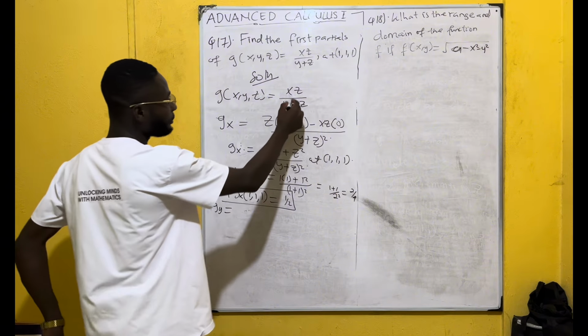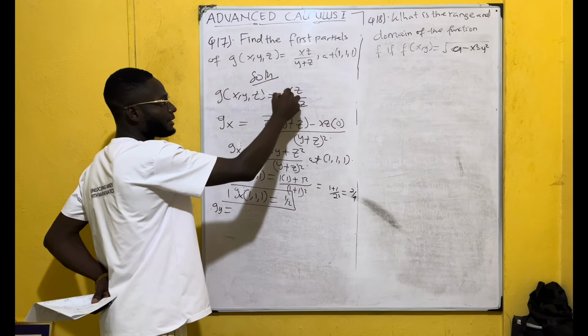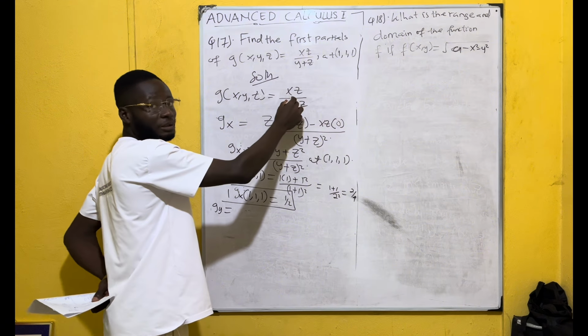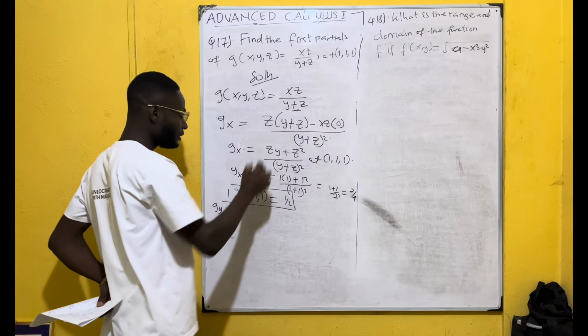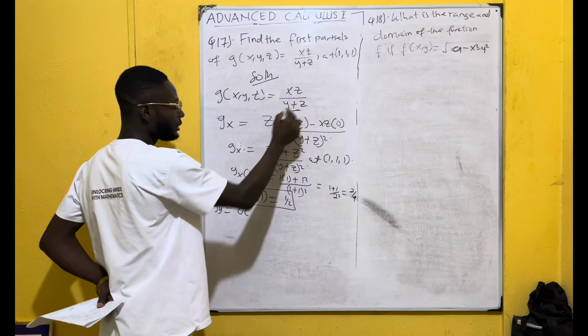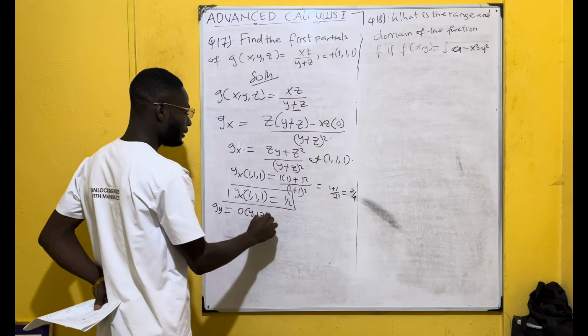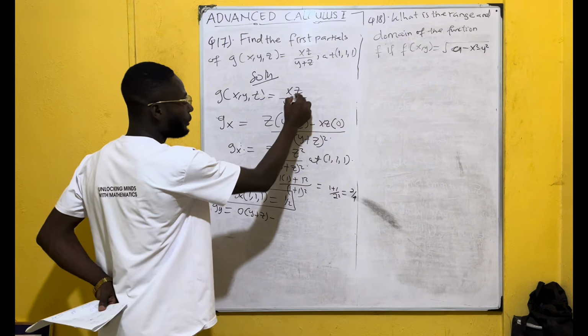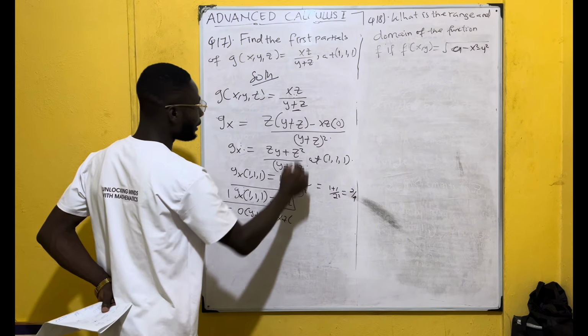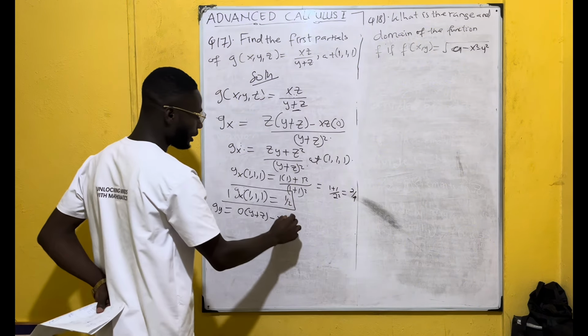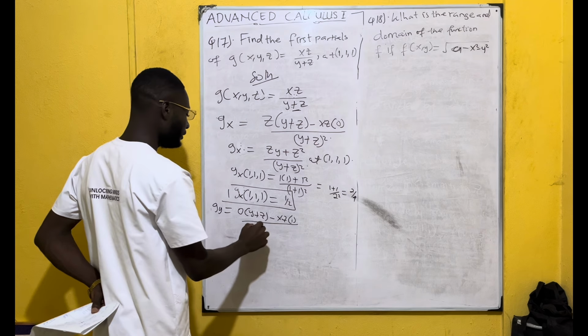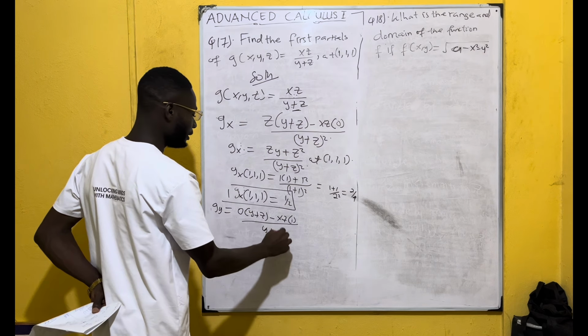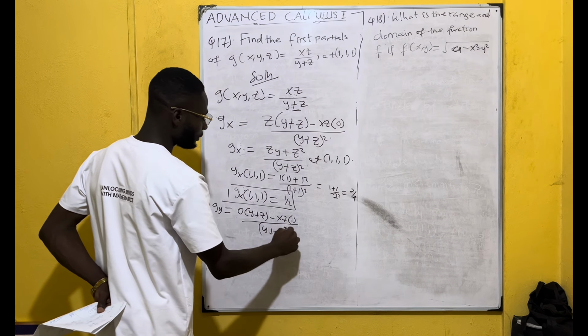g_y would be equal to, it means that we are differentiating this with respect to y. So this, we are going to have 0 times the denominator minus, we maintain this, then we differentiate this with respect to y. So we have 1 here, then (y plus z) all squared.